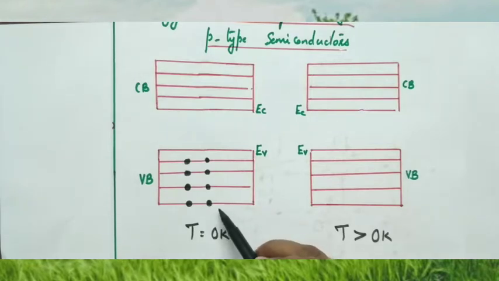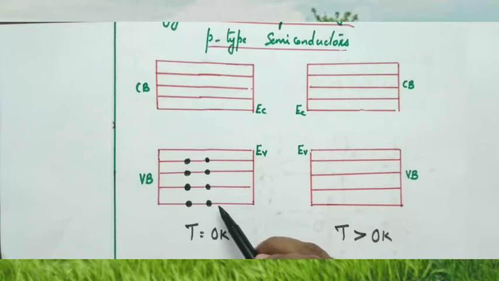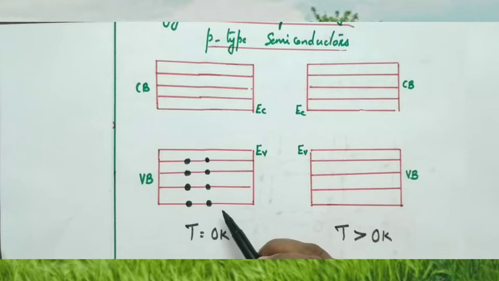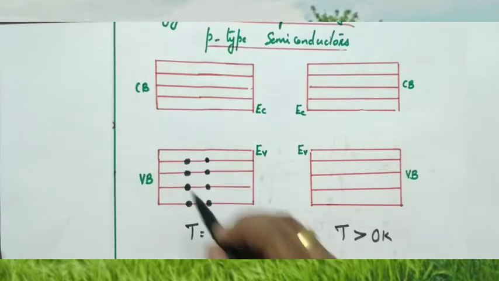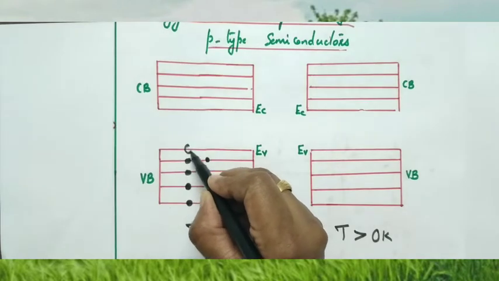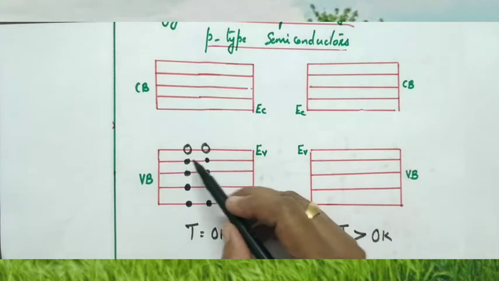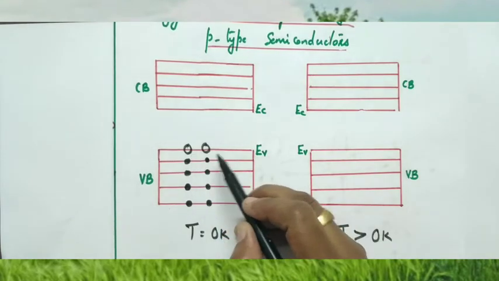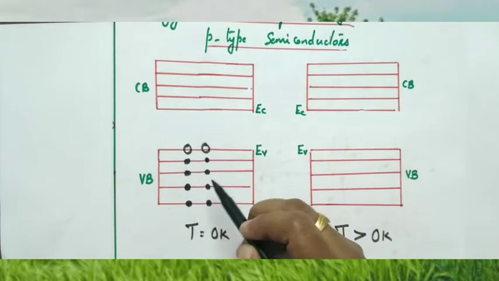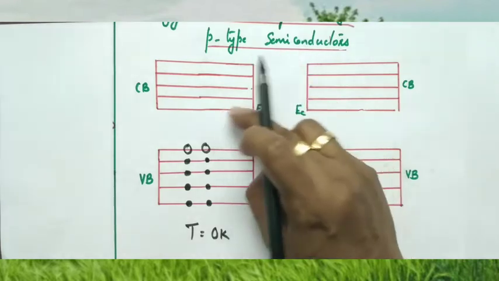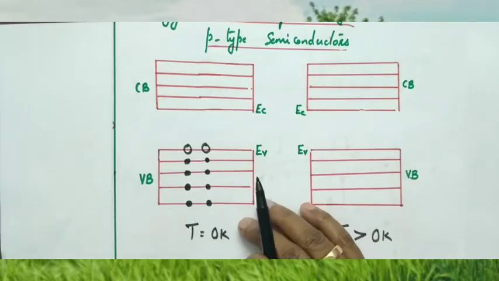Even at 0 Kelvin, there are some holes given by the acceptor impurity. So here we can draw 2 holes in the valence band, given by the acceptor impurity. No electrons are there for conduction, so the conduction band is completely empty.